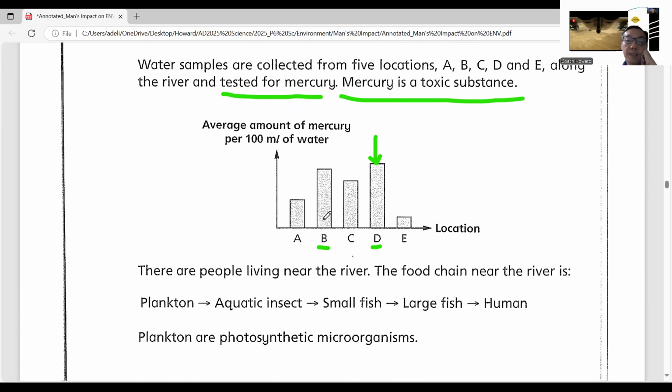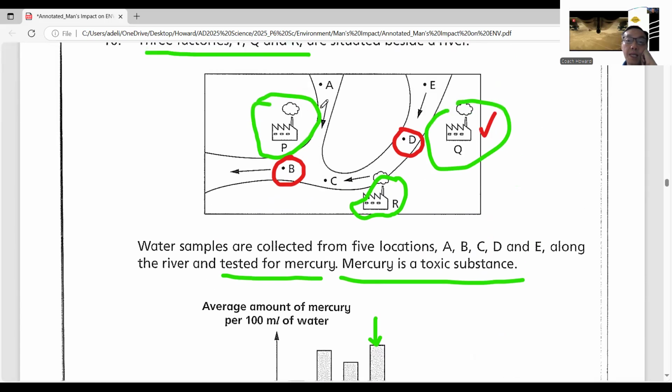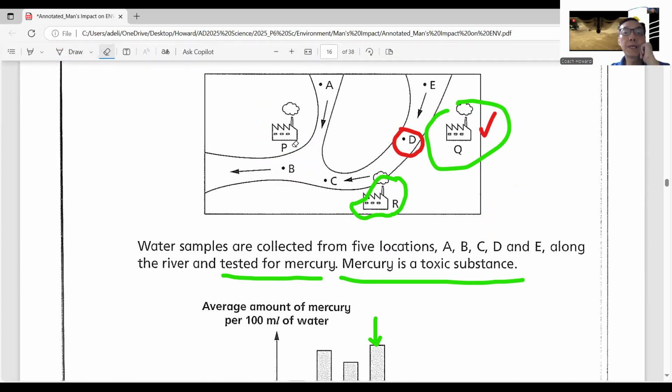This one, the location B, quite likely is due to this, because the river flows this way, right? If I erase this part, I can see it flows this way and down this way. So it passed by this factory. And then this one, the R, right?